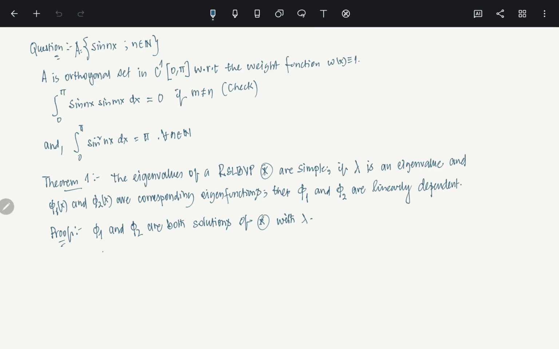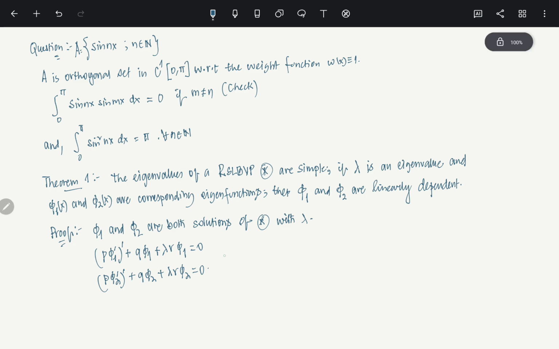Therefore, (p phi1')' + q phi1 + lambda r phi1 = 0. Also this equation is there, (p phi2')' + q phi2 + lambda r phi2 = 0. We also have the boundary data, right?